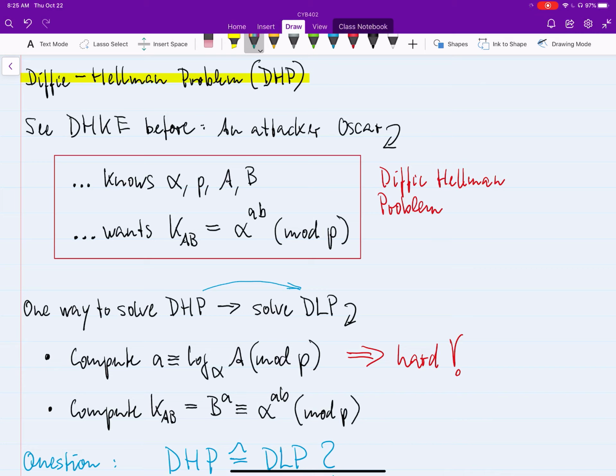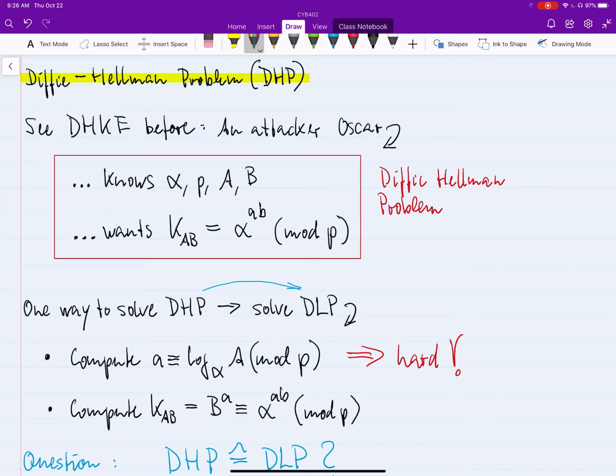So we have a small letter a, a small letter b, and alpha to the a mod p is capital A, and similarly, alpha to the small b is congruent to capital B modulo p. This is how the information was computed at Alice's and Bob's sites.